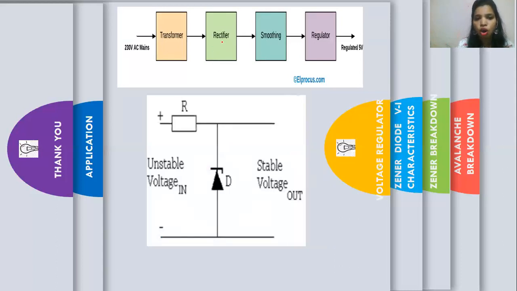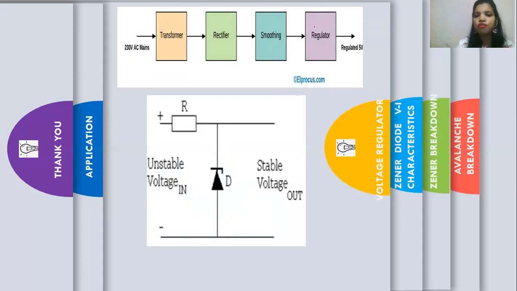Our normal PN junction diode behaves like a rectifier. What is the role of the rectifier? To convert the AC signal to DC. Now after the rectifier, there are lots of ripples in the output. So smoothing filters, a combination of inductance and capacitance, are used to filter out those ripples.